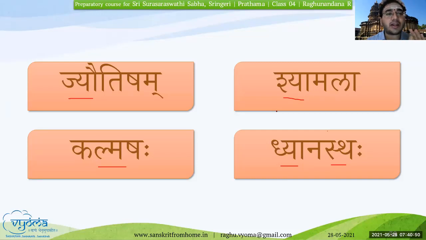It is not Sha, it is Shya. There's a subtle point that we need to ensure and pronounce in the right way. Similarly, Dhyanastha. In this case the starting letter Dh is a Mahaprana and the ending letter Th is also a Mahaprana. So Dhyanastha is the right way to pronounce it. I hope this part is clear.